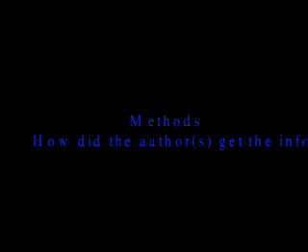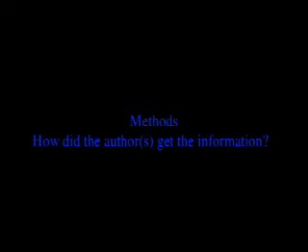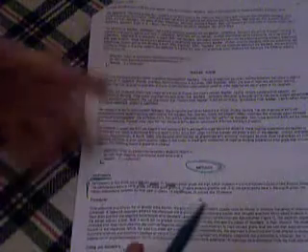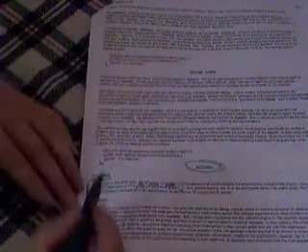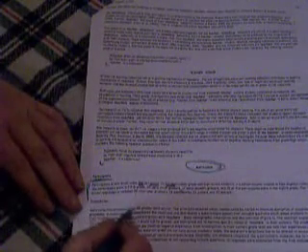Then you do methods, which is actually number 3 in the progression of the abstract assignment. With the methods, you're essentially talking about how the data was collected, and they tell us exactly how it was done. Data collection procedures for all grades were similar. So how did they go about getting the information? What tool did they use? Did they use a questionnaire? Did they use a survey?